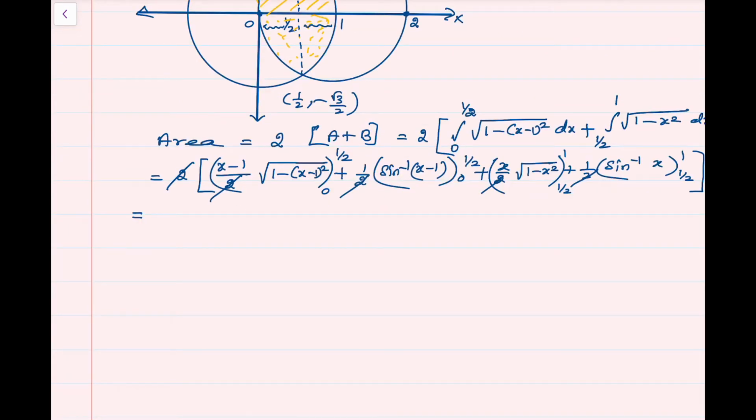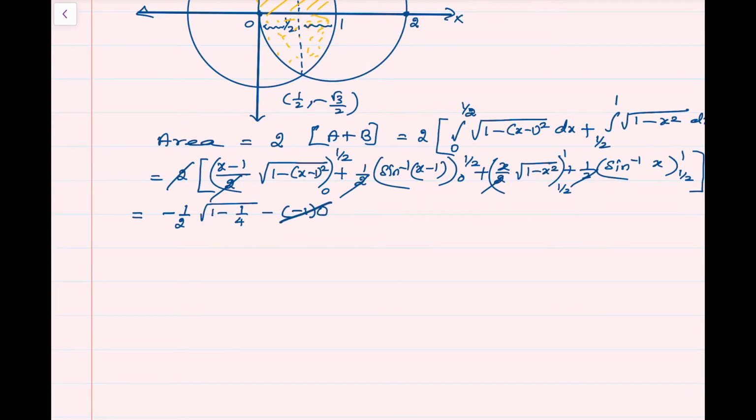Substitute the limits. Half minus 1 is minus half, root of 1 minus half minus 1 is minus half the whole square, which is 1 by 4, and lower limit 0 minus 1 is minus 1 and here it will be 1 minus 1 which is 0.